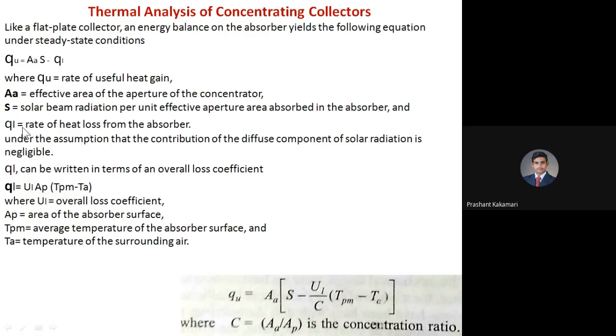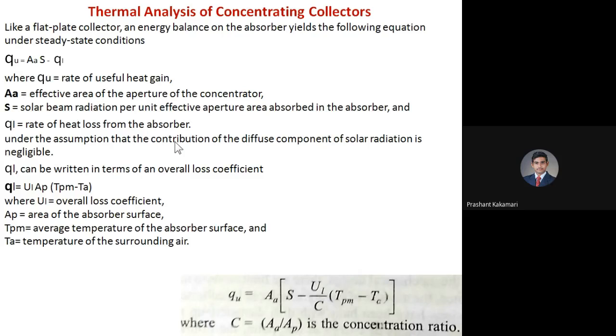QL is the rate of heat loss from the absorber. Under these assumptions, the contribution of the different components we are neglecting. Many times, even in flat plate collector or in the solar concentrated collectors, we are not considering the diffuse radiations or the reflected radiation from the ground.